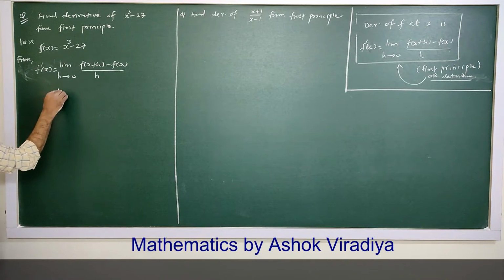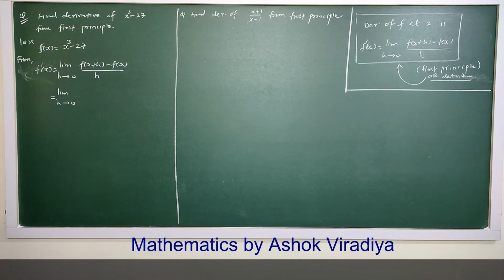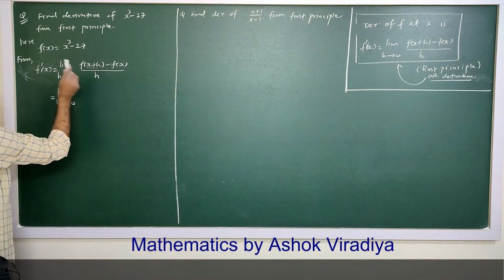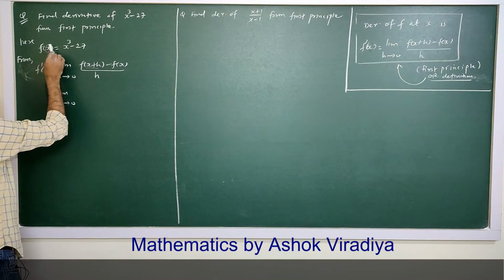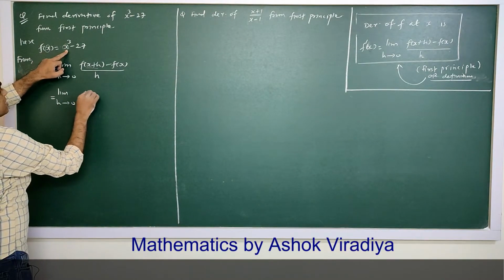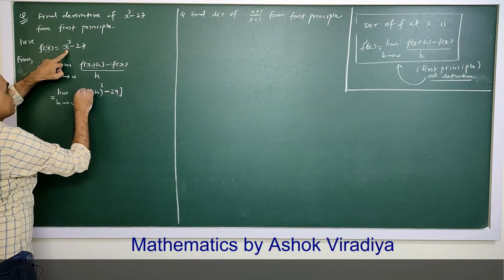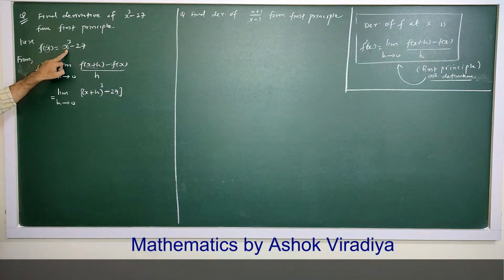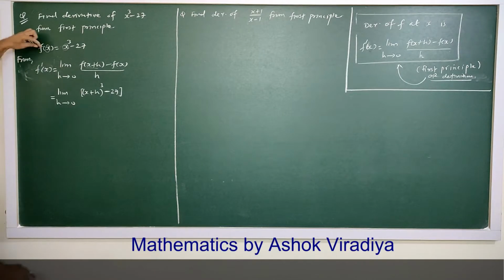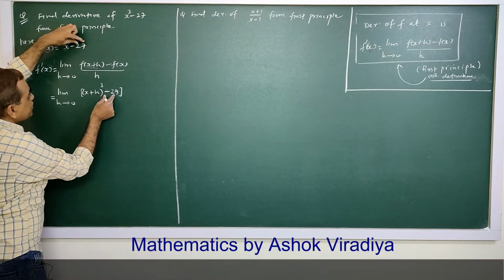So limit h tends to 0, f of x plus h, I am putting here x plus h. So f of x plus h is x plus h whole cube minus 27.